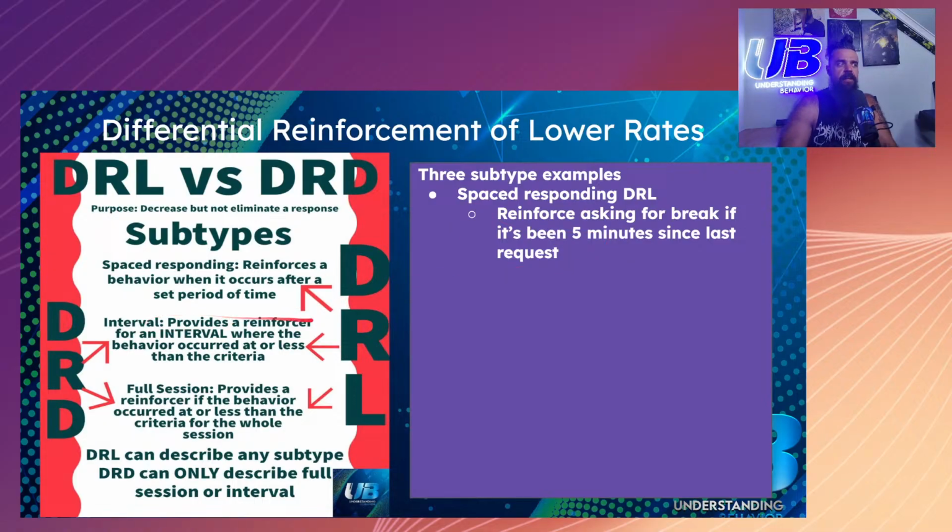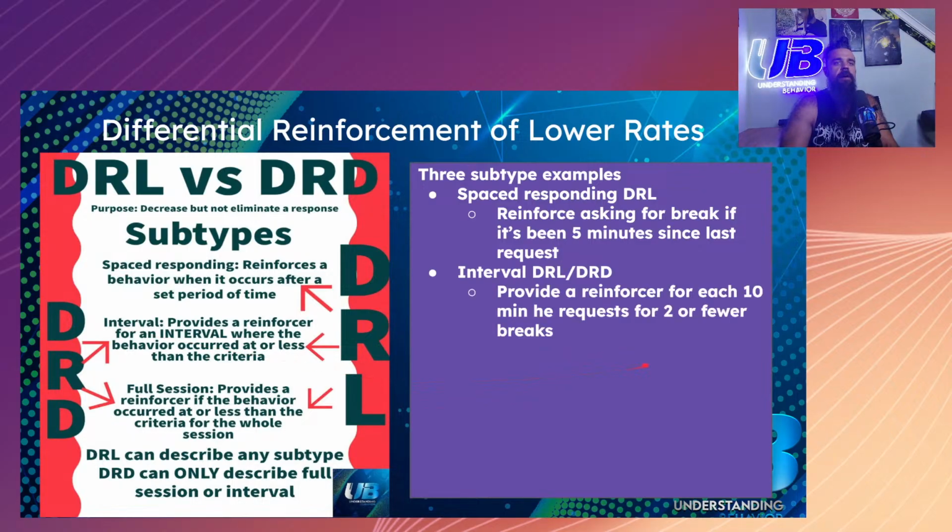Let's go ahead and look at our next subtype. This is our interval DRL. In interval DRL, we're going to provide a reinforcer for an interval where the behavior occurred at or less than the criteria. Let's look at this example.